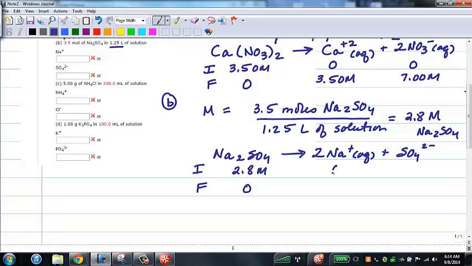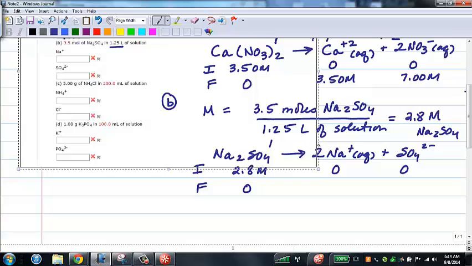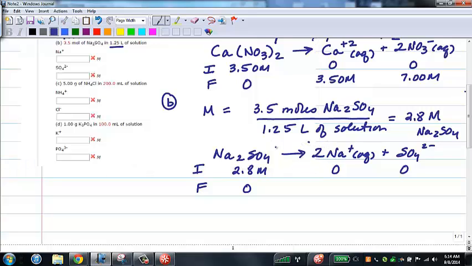And originally water doesn't contain any sodium or sulfate ions, but after the sodium sulfate breaks apart, since the ratio is 1 to 2 for sodium sulfate to sodium, then I have to double that concentration to find the concentration of the sodium. So that will be 5.6 molar.